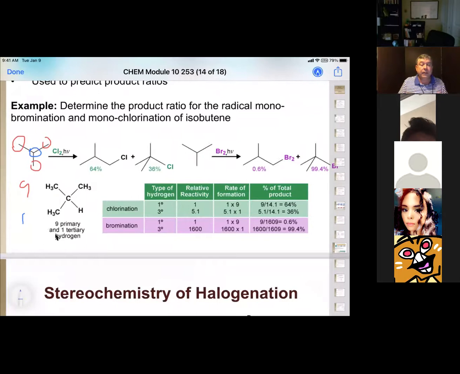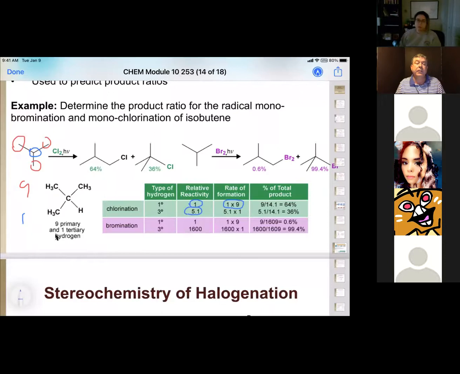So if we look at that primary, we have a relative reactivity ratio of 1, and we have 9 hydrogens available to us, giving us a total of 9 for the reactivity ratio times the number of hydrogens we have. We have 1 tertiary, which has a reactivity ratio of 5.1. So we have 5.1 times that 1 hydrogen.